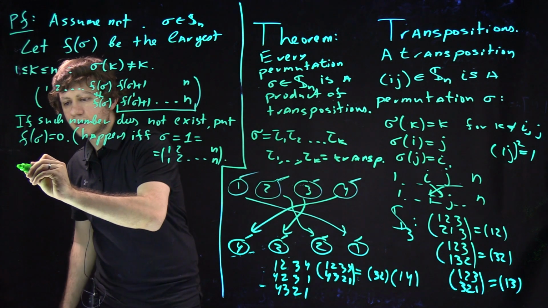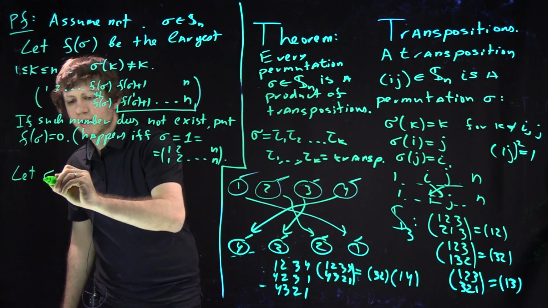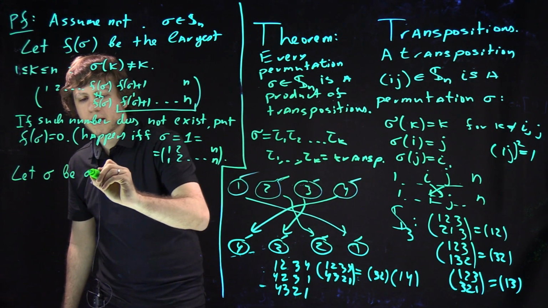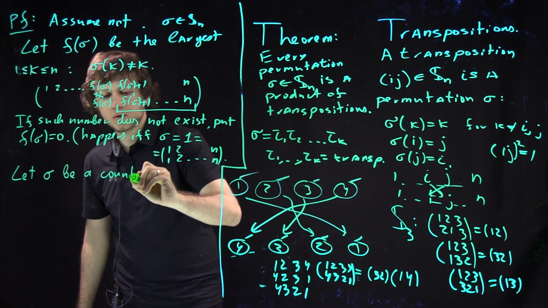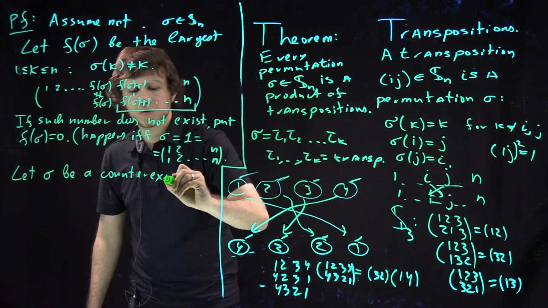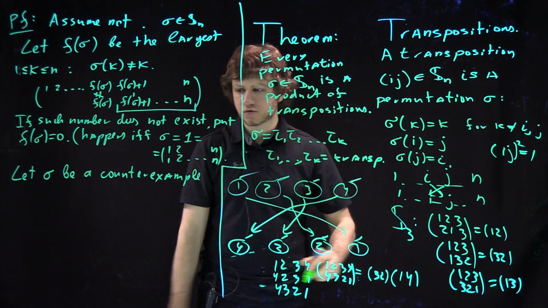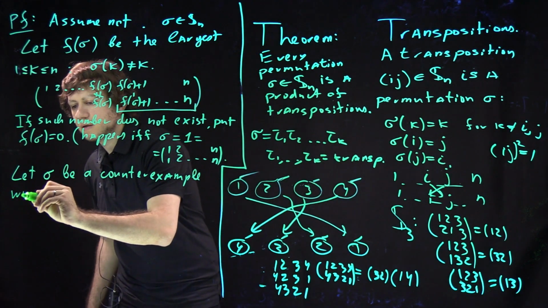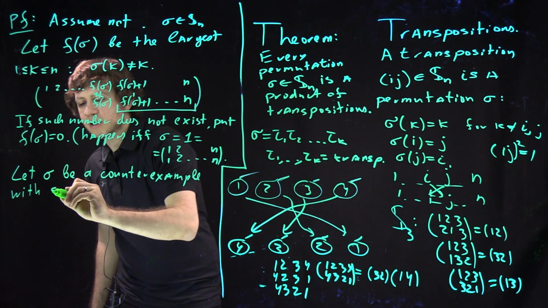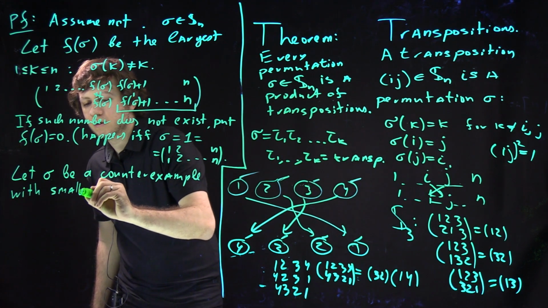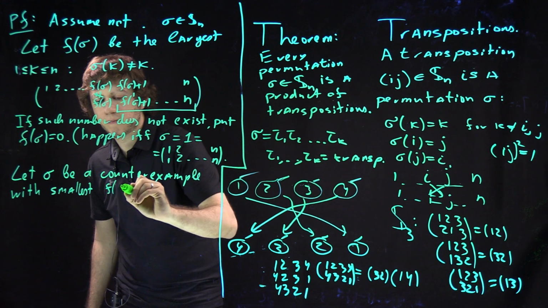So let sigma be a counterexample to the statement, meaning a permutation which is not a product of transpositions with smallest f of sigma.